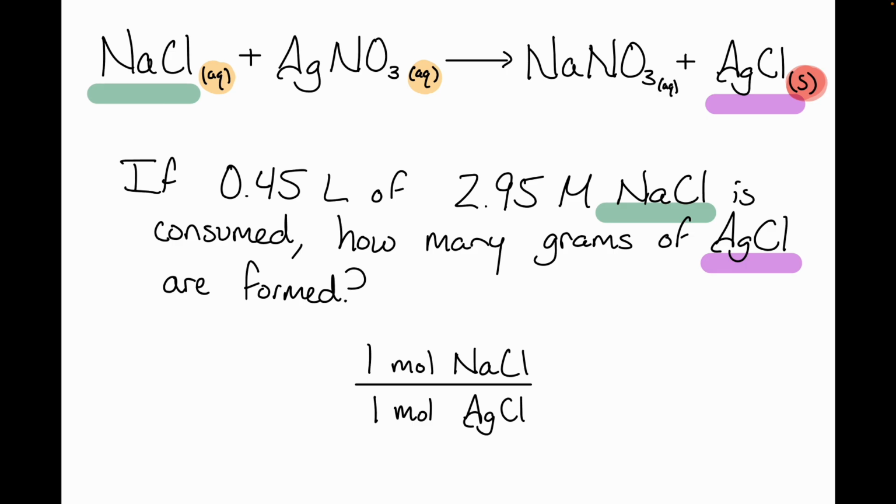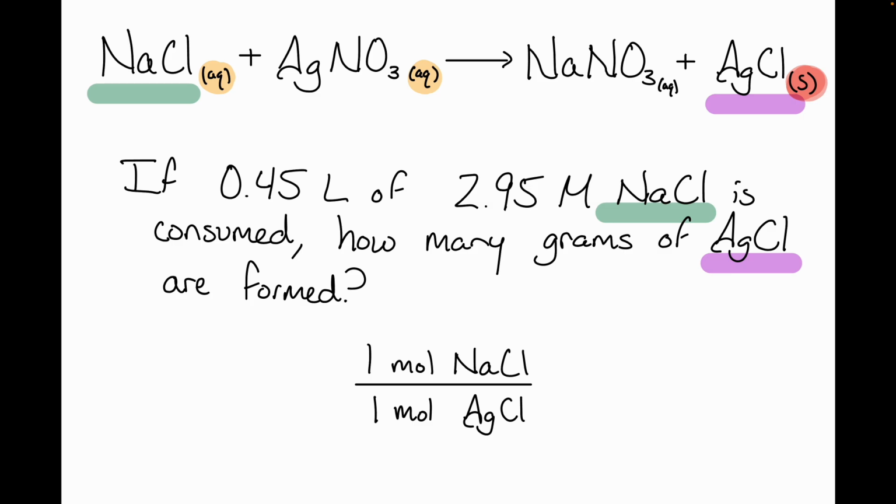I might have to flip it upside down depending on what my units are, but I know I'm going to have to use this conversion factor here. Now, what I'm given is a volume and a concentration. I have liters, and then I have molarity of that sodium chloride. Can you use those values to get to moles of sodium chloride? Great. Then you can just plug it into our regular stoichiometry.